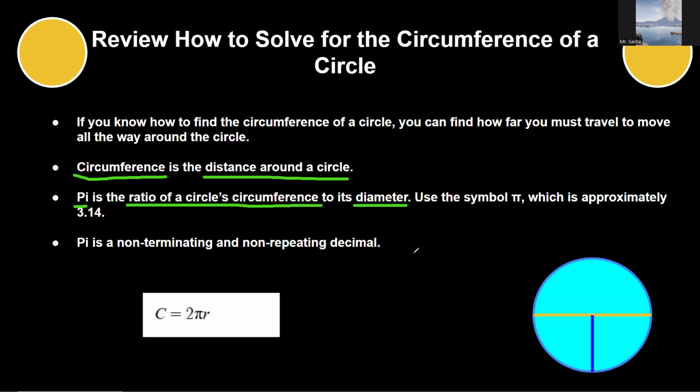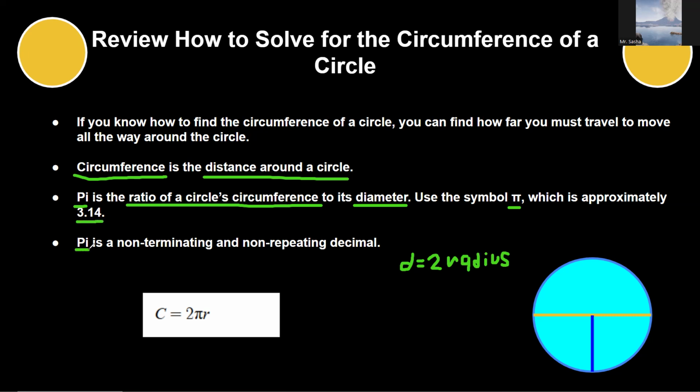Diameter is equal to twice the radius. Use this symbol, pi, which is approximately 3.14.